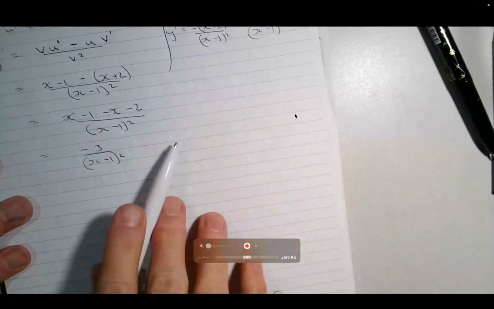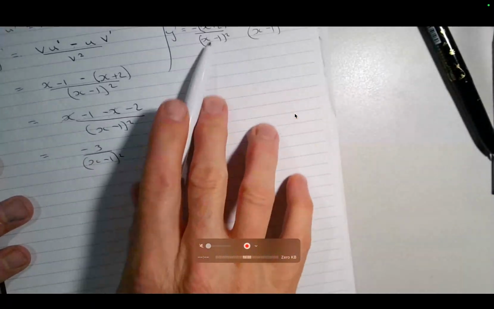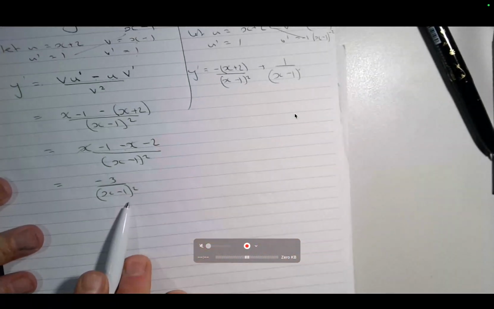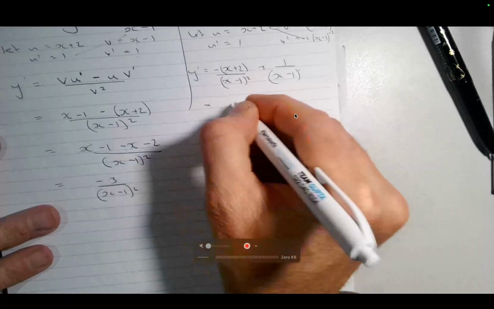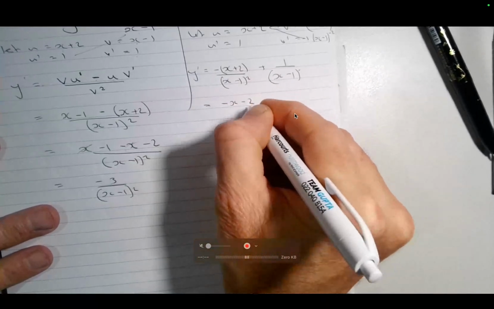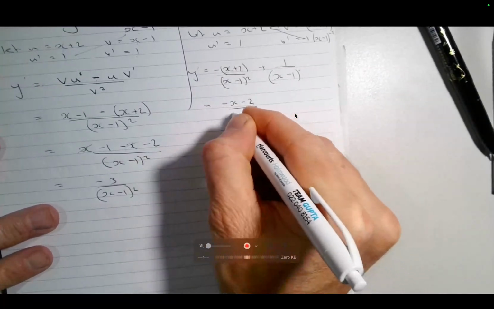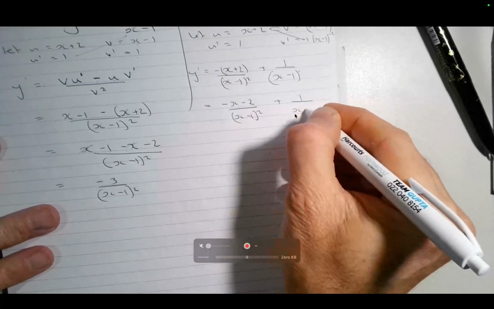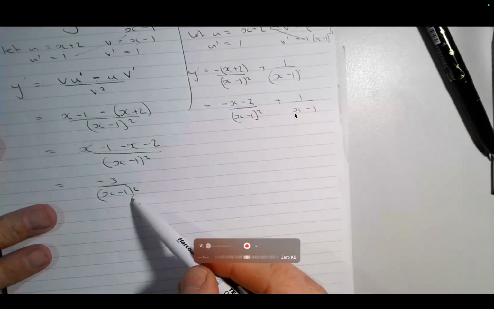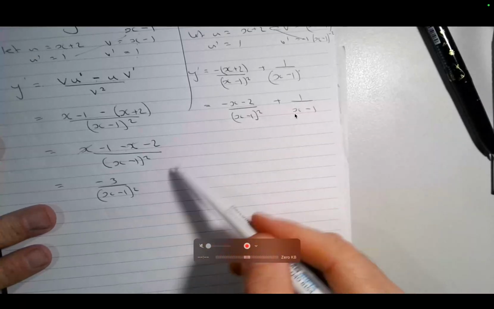Now, in theory, this is going to be interesting. This here should be the same as this. As it stands, we've got minus x minus 2 over x minus 1 squared plus 1 over x minus 1. Is that the same as that? I'm going to argue it is.